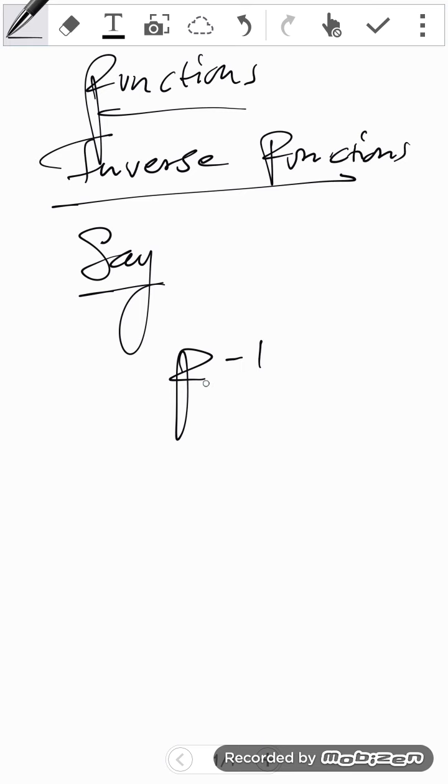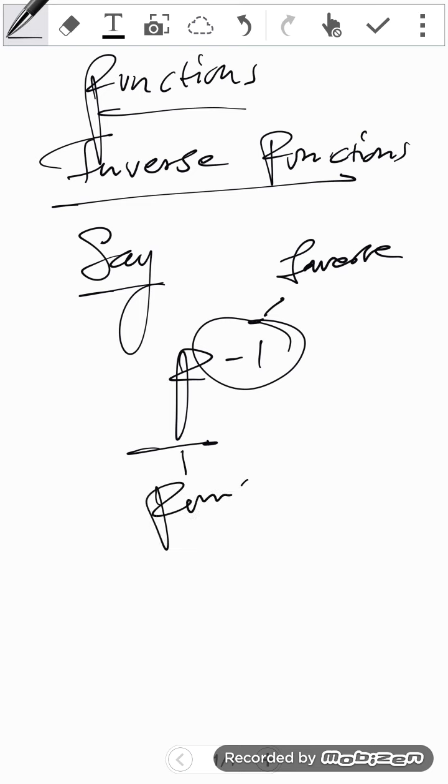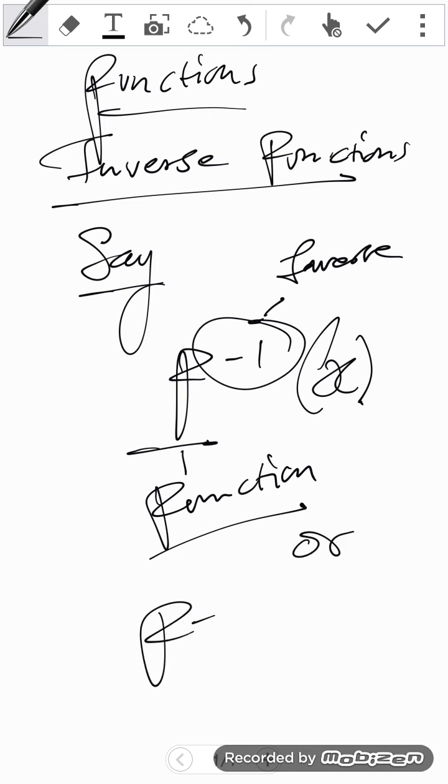You could have the function inverse, because this -1 represents the inverse of the function f, where f represents the function. So it could be function inverse of, let's say, x, or just function inverse of a number.